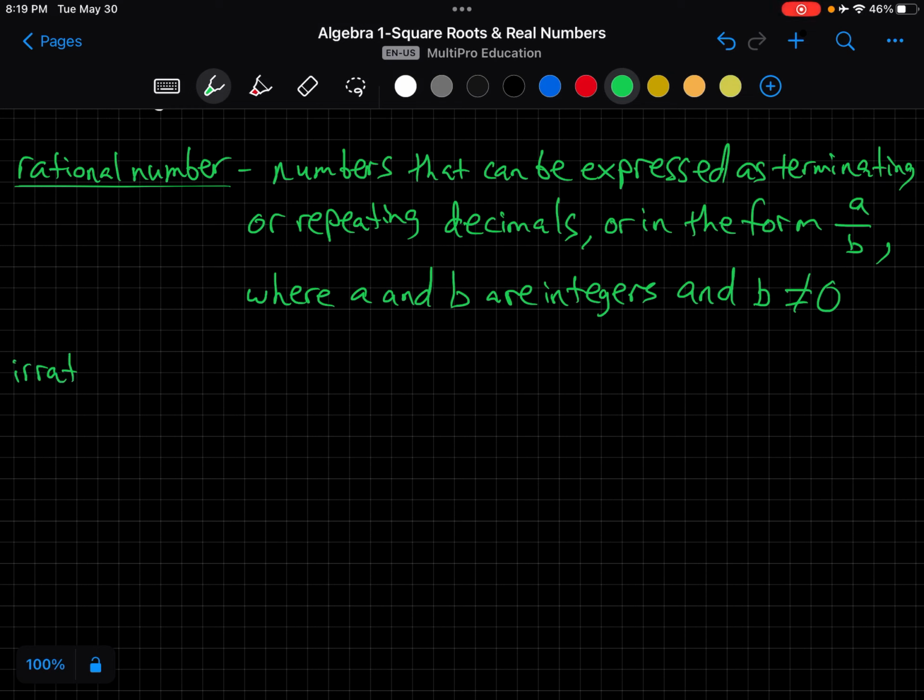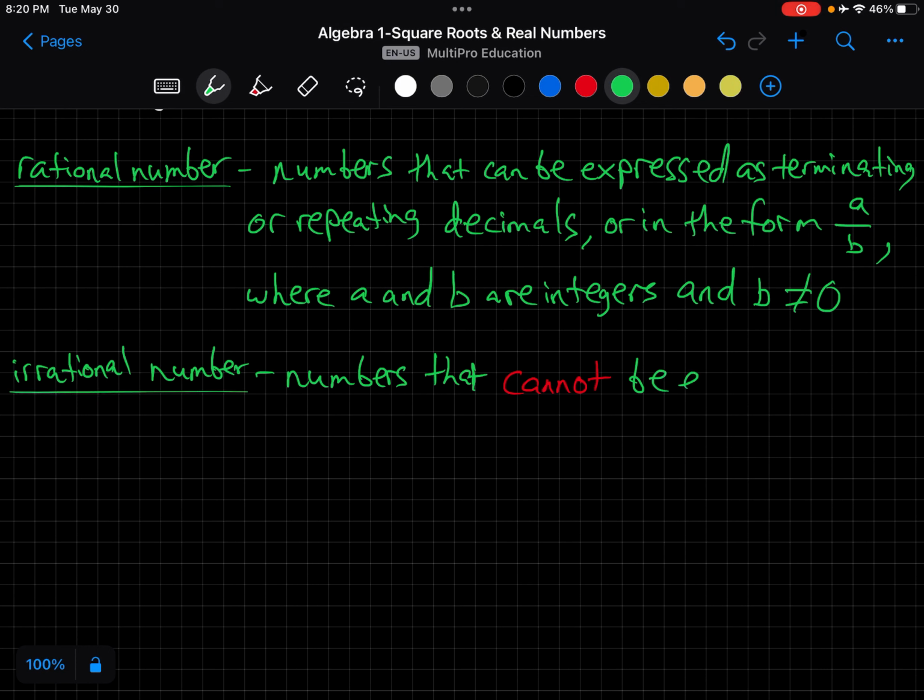Alright, so let's talk about irrational numbers. Okay, this is the opposite of rational. So basically, we can repeat the same definition, but we want to say numbers that, and I'll put this in red, cannot be expressed, because it's the same definition.